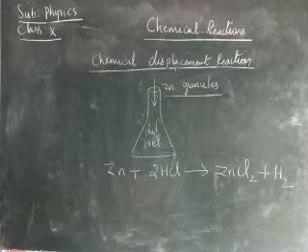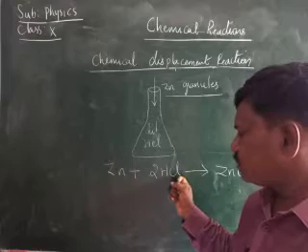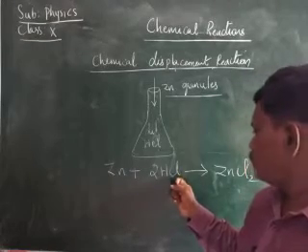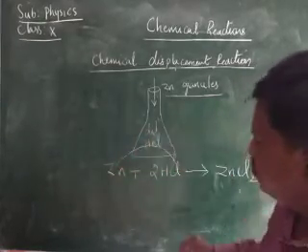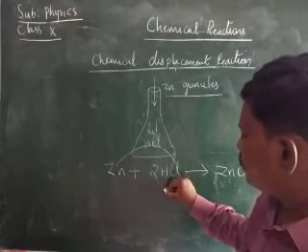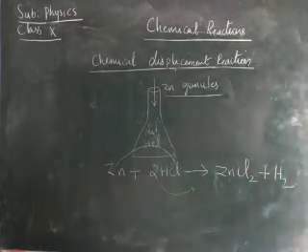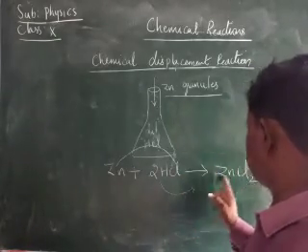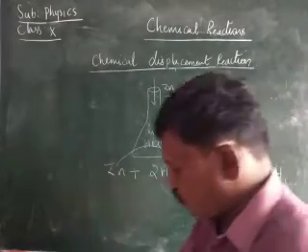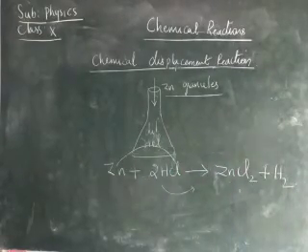That means when zinc reacts with hydrochloric acid, zinc is combining with the chlorine, and hydrogen is displaced. Here in activity 3 of the textbook, we have this reaction, children.